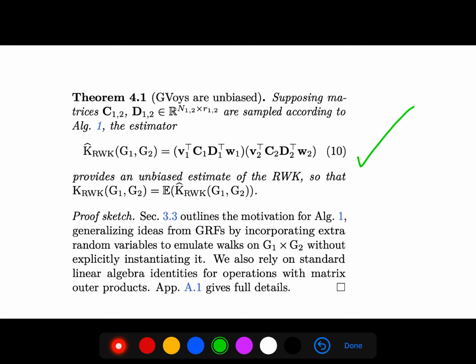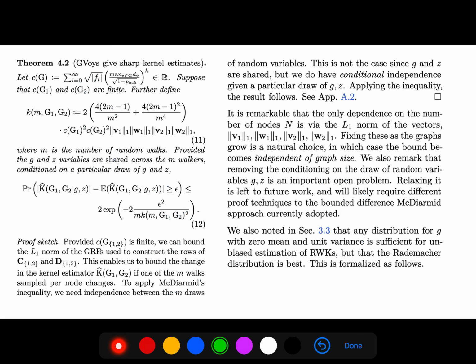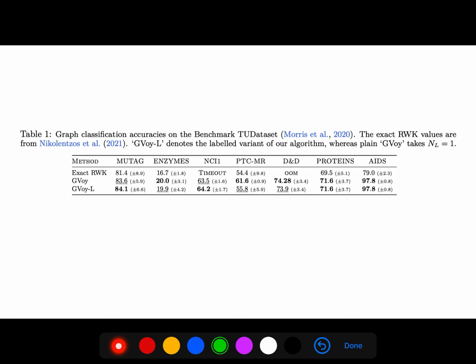So the good property of these graph voyagers is that they are unbiased, and it is proven. Also, the estimate is upper bounded by a very sharp bound when we compare it with the expectation of your kernel. And they did it for these graph classification datasets.